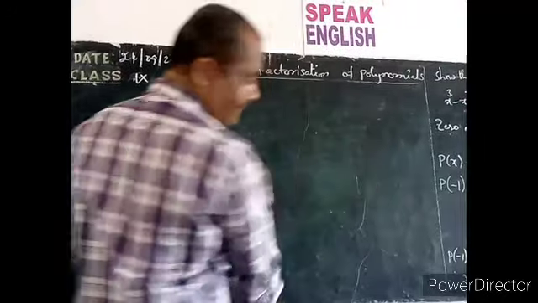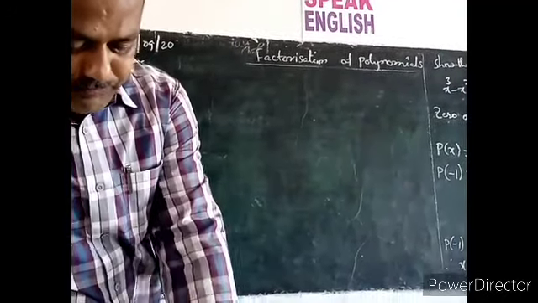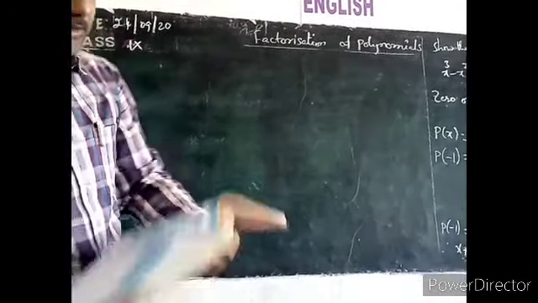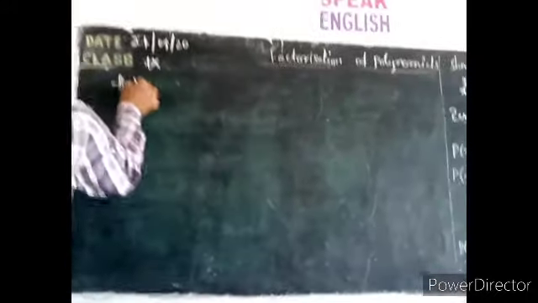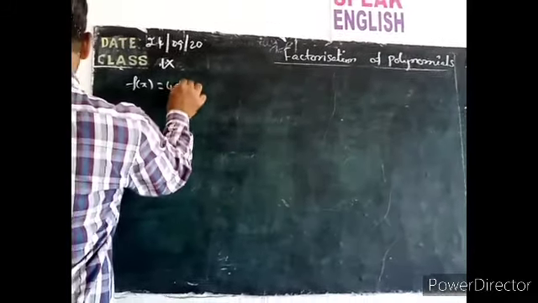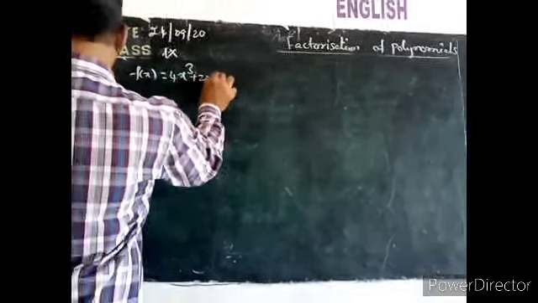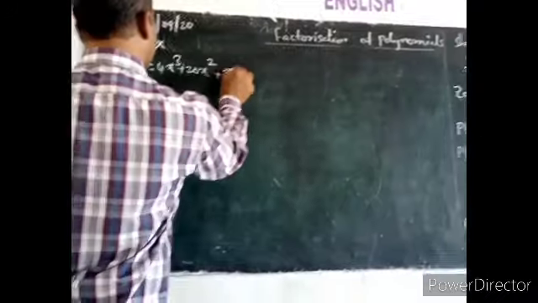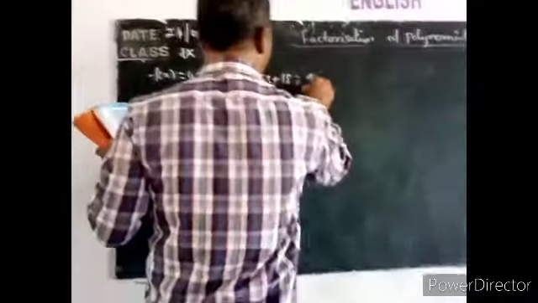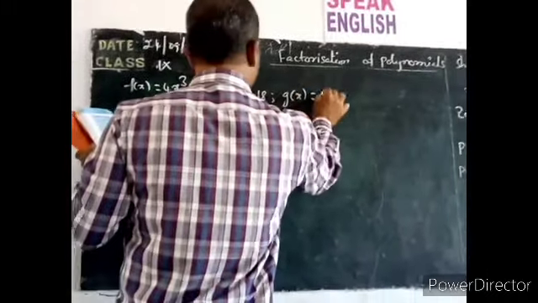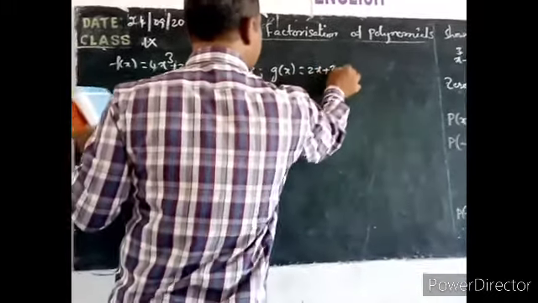Ask me. Fifth one. Now f of x is equal to, in the fifth one what is given? f of x is equal to 4x cube plus 20x square plus 33x plus 18. And g of x is equal to 2x plus 3.